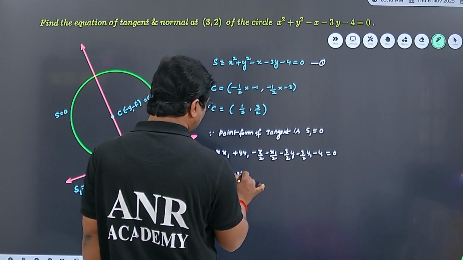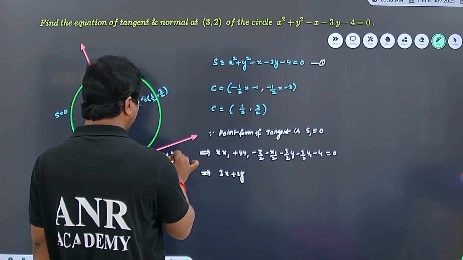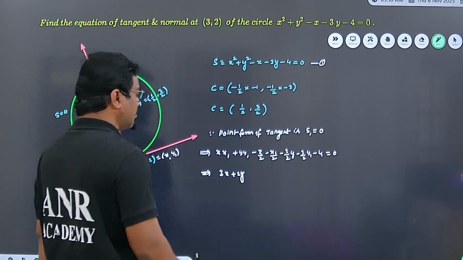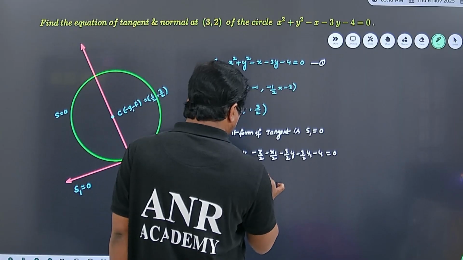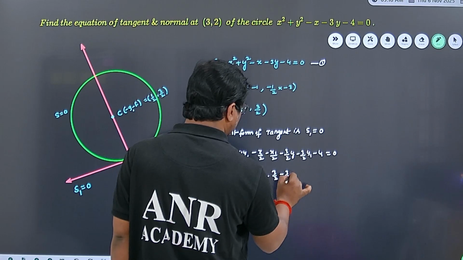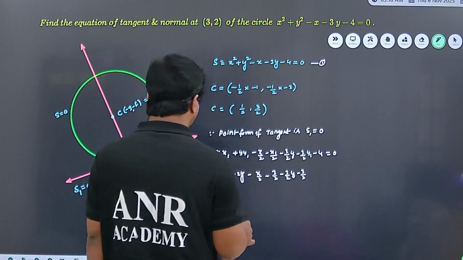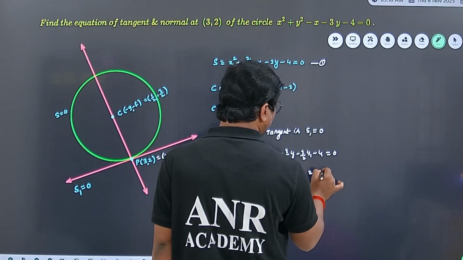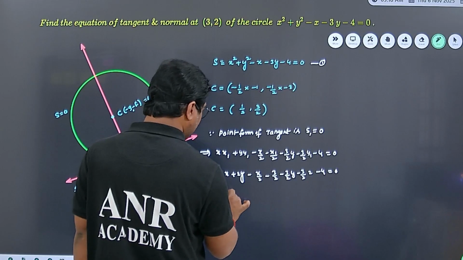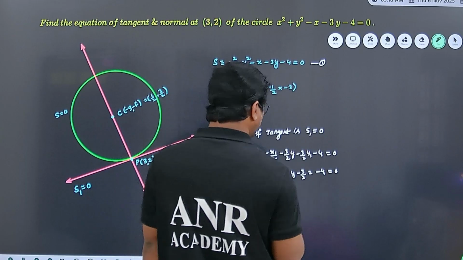In place of x1, y1 we need to write the point whose coordinates are 3 comma 2. 3x plus 2y minus x by 2 minus 3 by 2, next minus 3 by 2 y minus 3 by 2 y1 value 2, minus 4 equal to 0, implies 3x plus 2y minus x by 2.